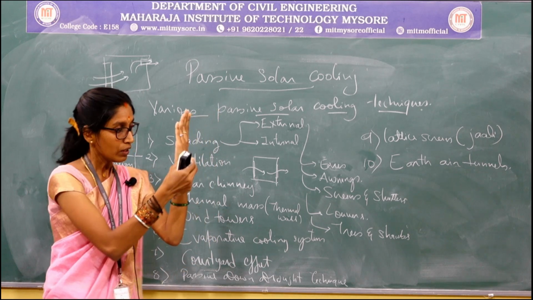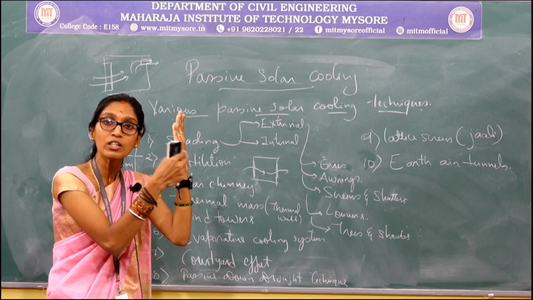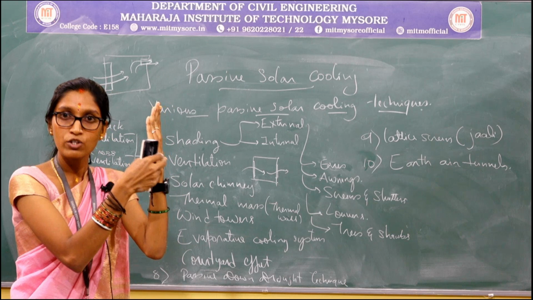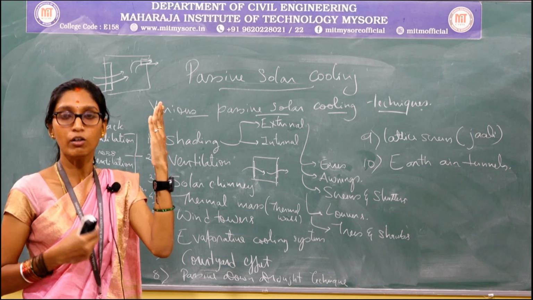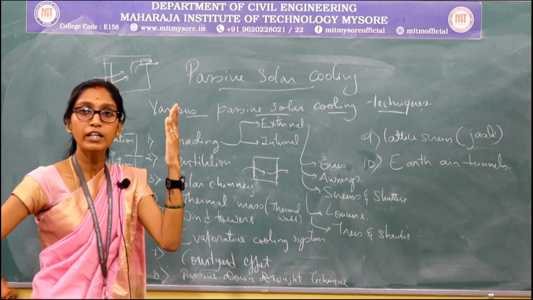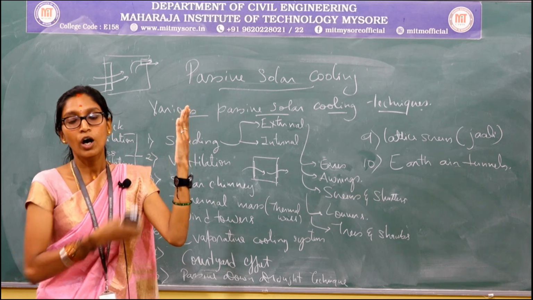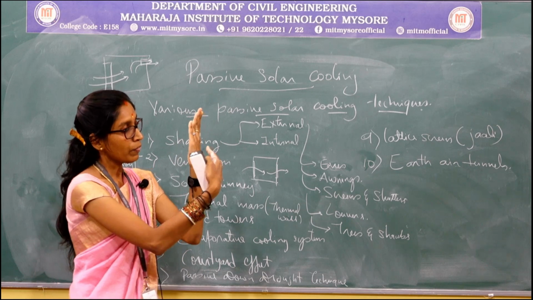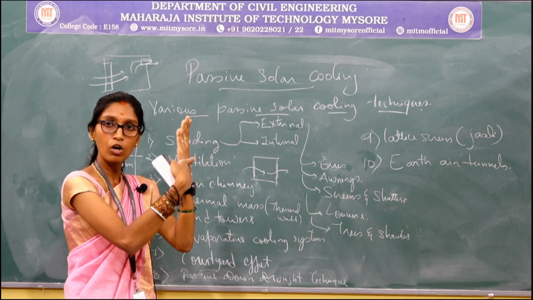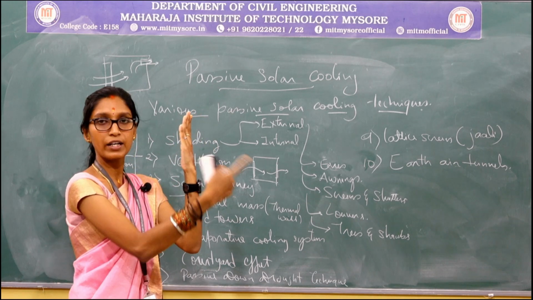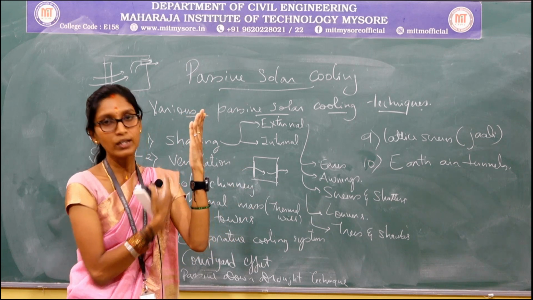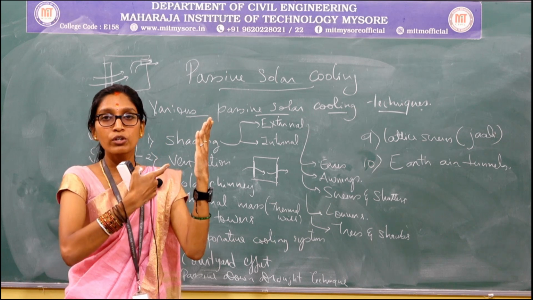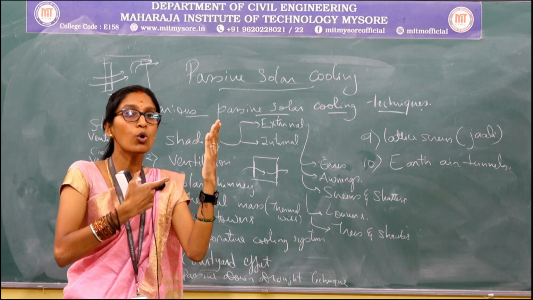The material selection is going to play a major role in making a thermal wall for a cool building. If a particular thermal wall has a greater radiation effect and a smaller conduction effect, obviously the interior is going to get heated up slowly.